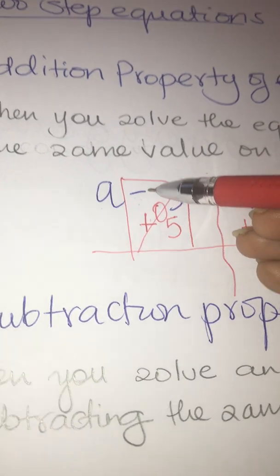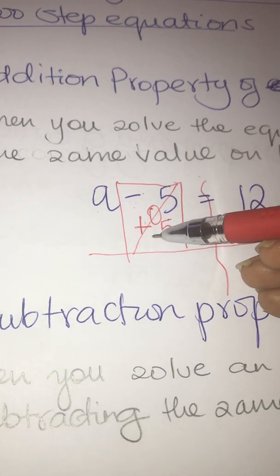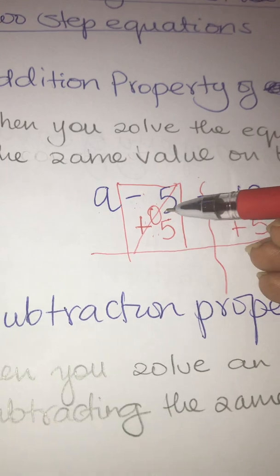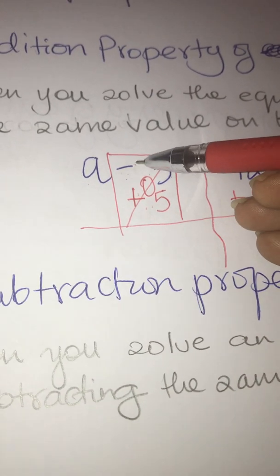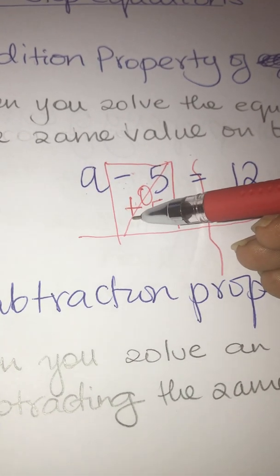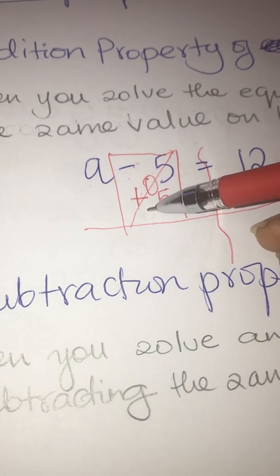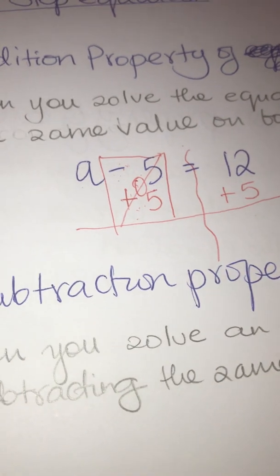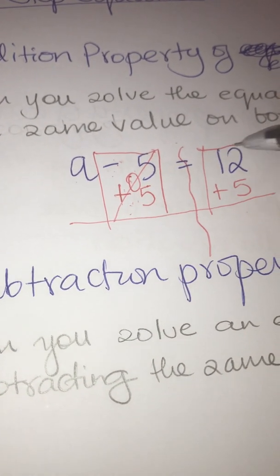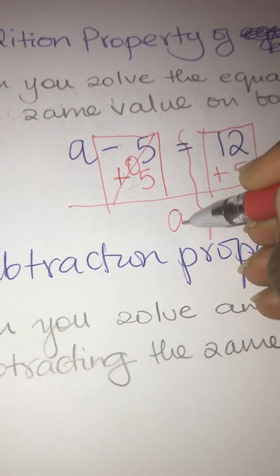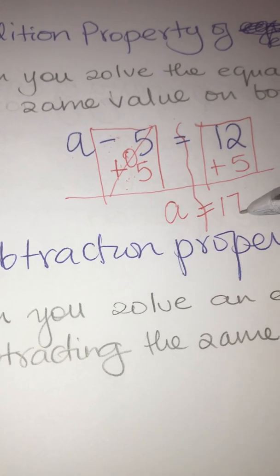A number plus its opposite will always give us 0. Negative 5, the opposite is positive 5. When I added them, I got 0. Then I'm going to solve on this side, and I'm going to say A equals 17.